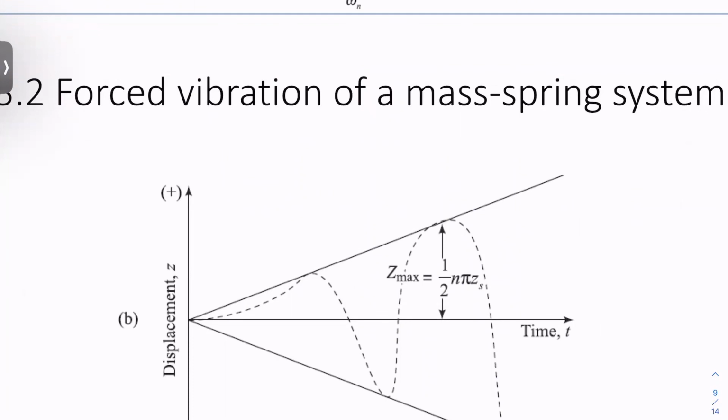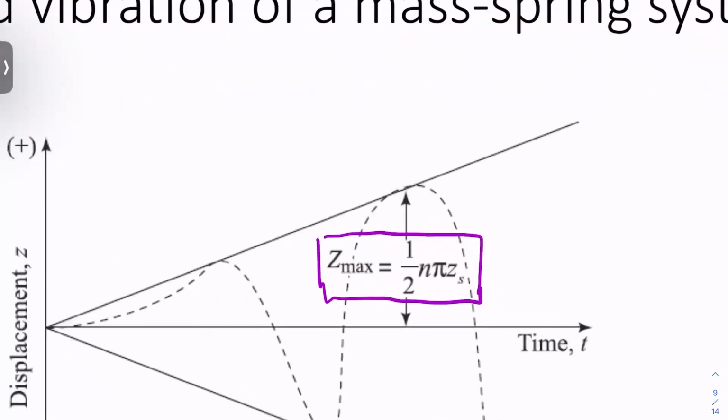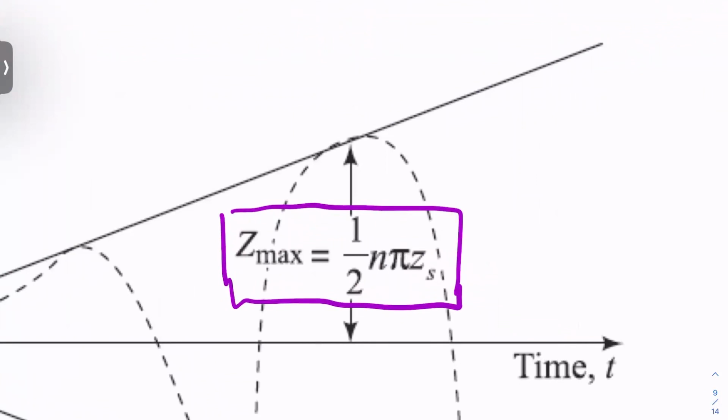So it essentially follows this equation, where your Z max, or the amplitude of your displacement, is 2 over pi times n times Zs. The only parameter that you don't know within this equation is this n.